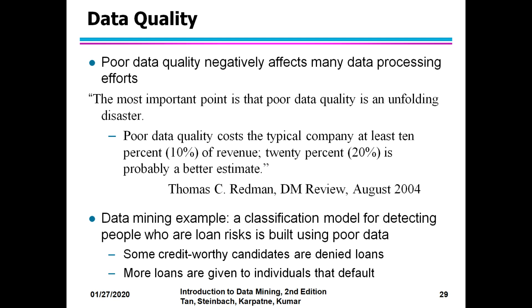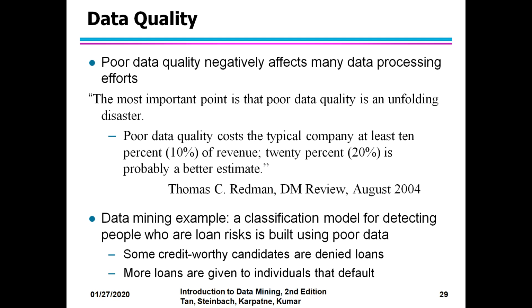Next, coming to data quality. Poor data quality negatively affects many data processing efforts. Whenever you are trying to process data, if the quality of the data is very poor, it will affect the results. The most important point is that poor data quality is an unfolding disaster.